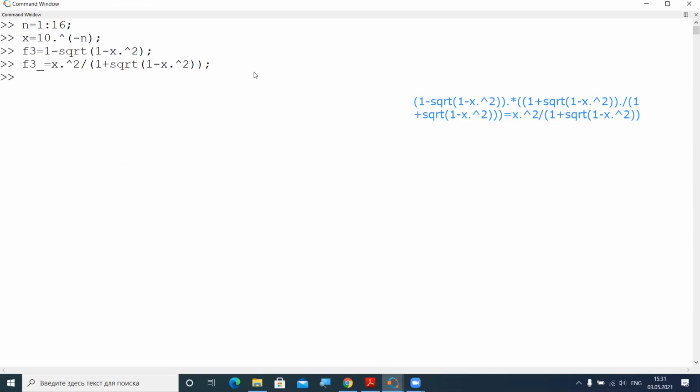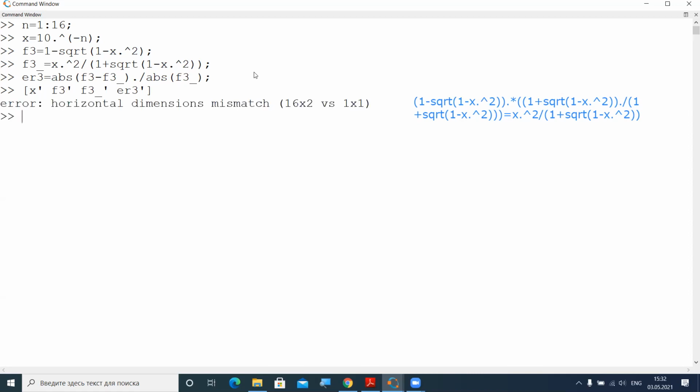And now let's find the error. Error with respect to f3. Here f3 and here er3, for example. Find this error, and now show the result in a table. F3 and F3 underline. Is it clear? So we have here some kind of errors.